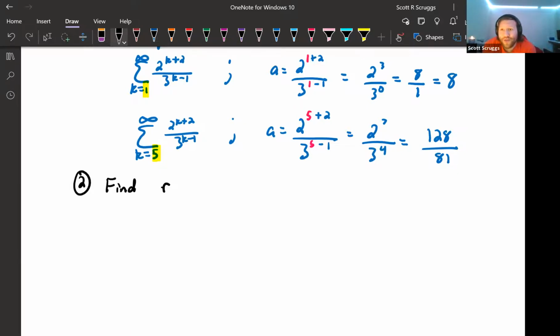After you determine the common factor, next thing you need to do is determine the common ratio R. And the way to do that is ask yourself, okay, which numbers have k living in the exponent? If it has a k in the exponent, it's going to be a part of R, or part of my common ratio.